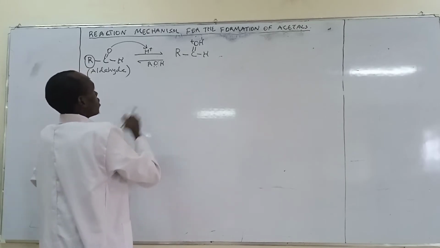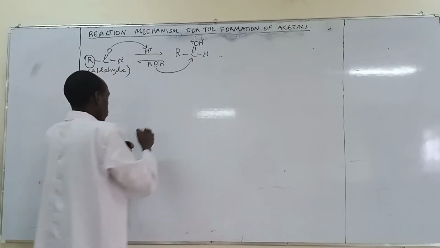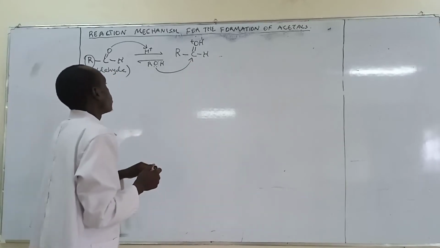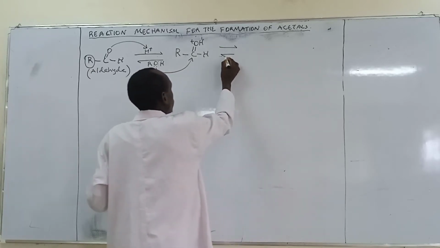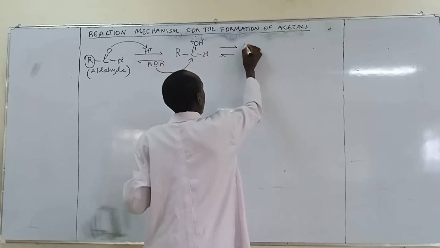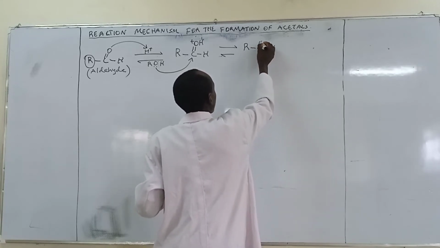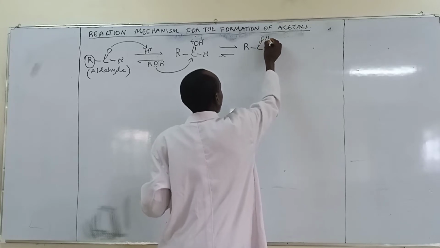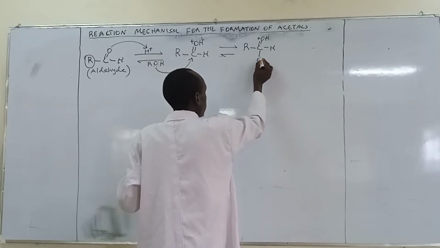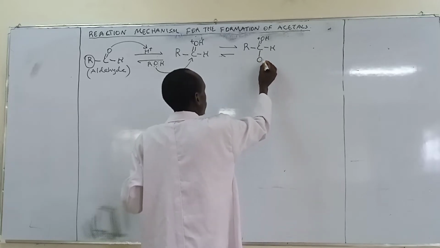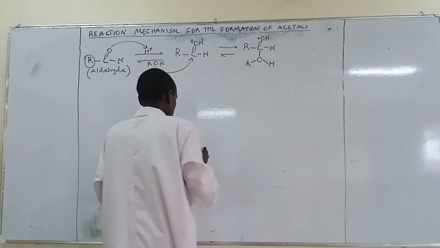Now we shall have this alcohol attacking this carbonyl. After attacking this carbonyl, we shall have a new compound formed here. The reaction is reversible, so we shall have R, C, then H, then OH, positive charge, then oxygen now attached there with hydrogen and alkyl group.